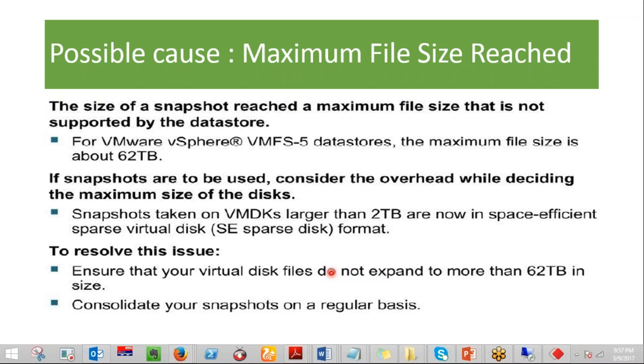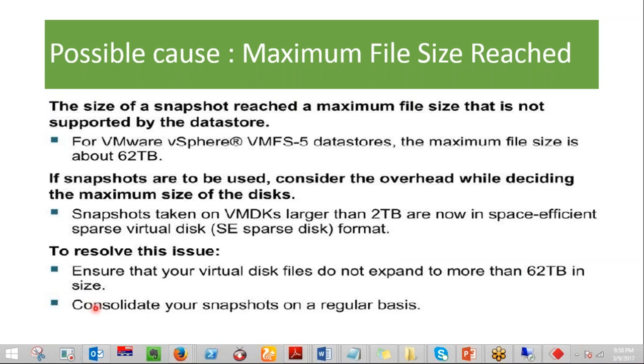Okay, so you have to validate whether snapshot files larger than 2 TB are there in your virtual machine folder. Due to that reason, you may not be able to commit the snapshot. That is also one of the reasons. Here VMware is indicating two points.